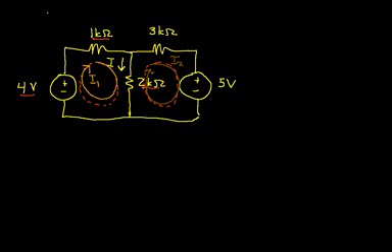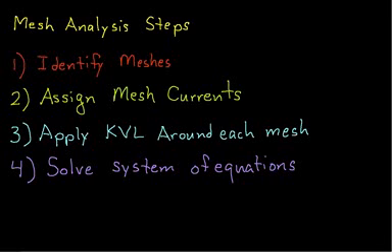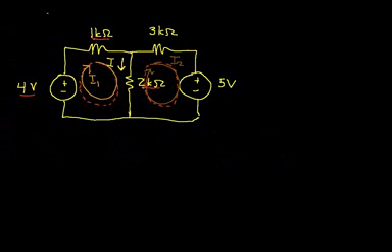So I've just assigned all of the currents to go clockwise. So that's pretty much step 2. So we're already halfway done, and this hasn't been so bad, has it? Now the next thing we need to do is apply Kirchhoff's voltage law around each mesh. So let's go back and start with mesh 1.